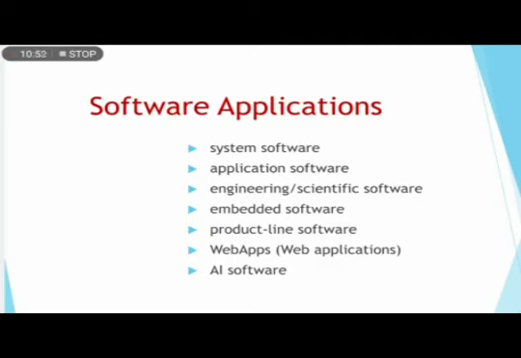System software is a collection of programs written to service other programs. Some system software such as compilers, editors and file management utilities process complex but determinate information structures. Other system applications, for example operating systems, components, drivers, networking software and telecommunication processes, process largely indeterminate data.